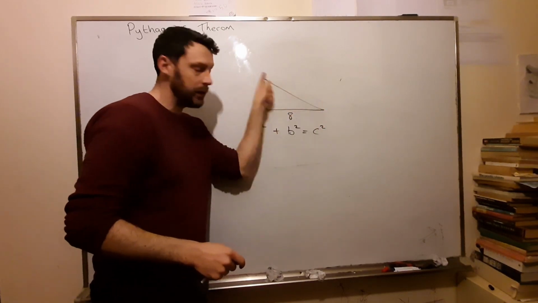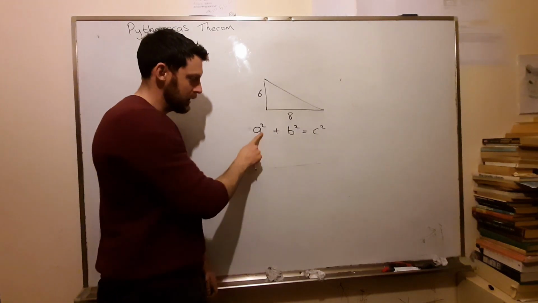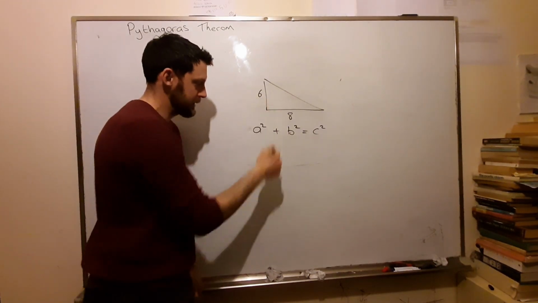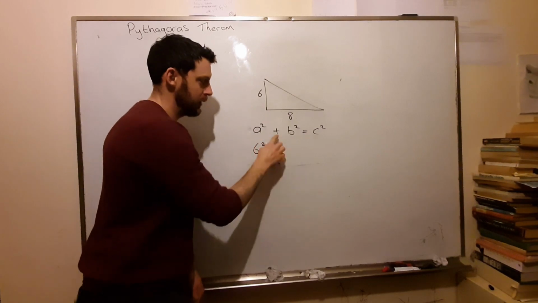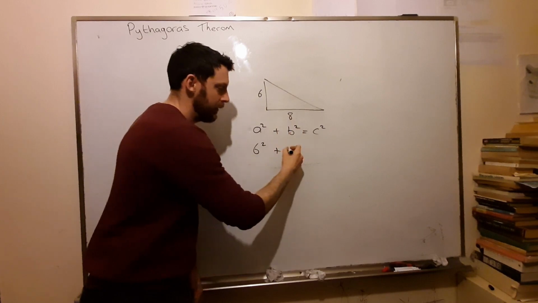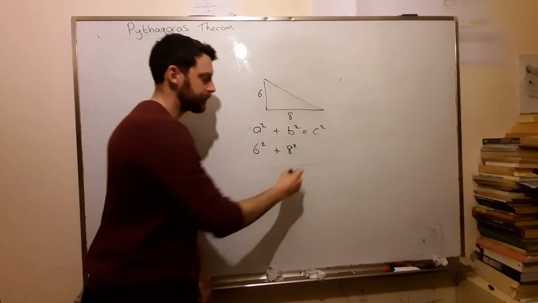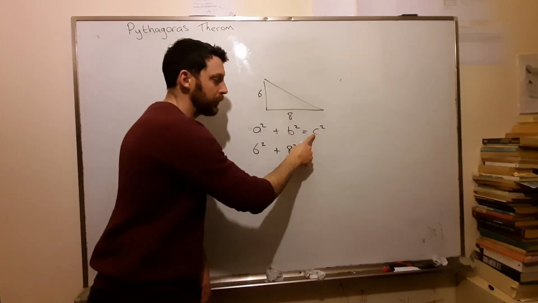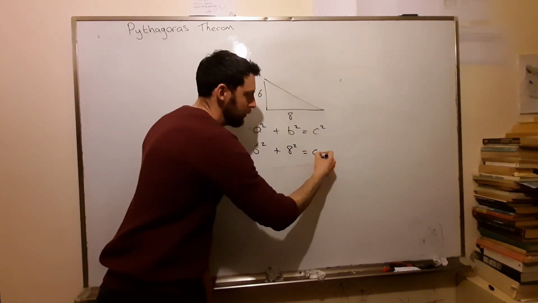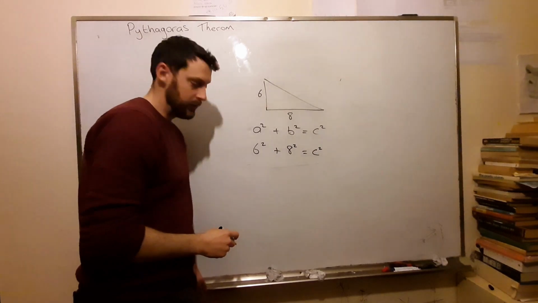Always c, the longest side is c. So I'm going to replace a with 6: 6 squared. Plus, replace b with the 8: 8 squared. Equals, and replace c. Well, I don't know what the answer to it is, so I'll leave it as c squared.